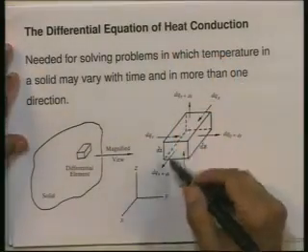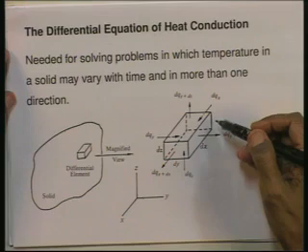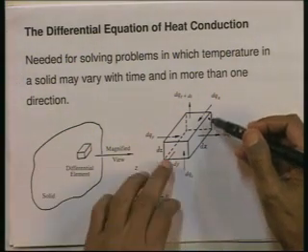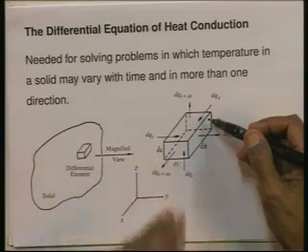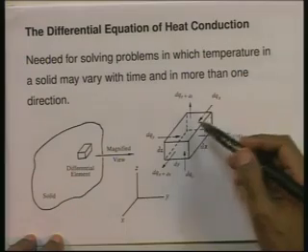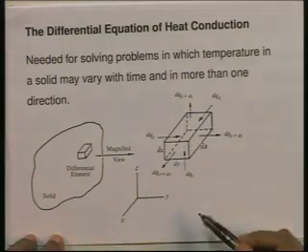And now, let us look at the element again, consider this element dx, dy, dz. In this element, let us look at the two x faces, that is faces whose normals are in the x direction, that is this direction. There is one face at the back here and one in the front here.